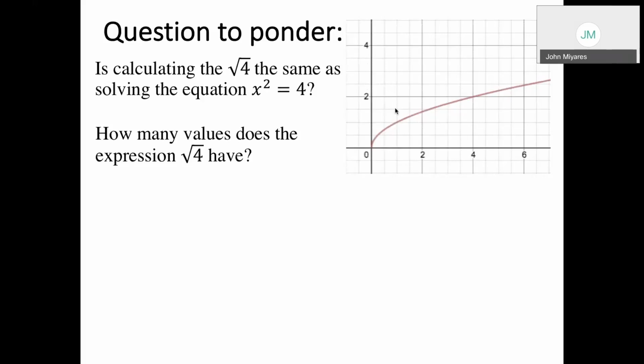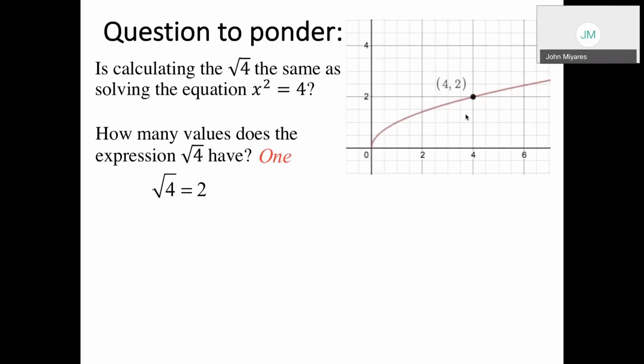For the square root of 4, we're going to just say that it is 2 and ignore the negative square root. So how many values does the expression square root of 4 have? 1. Simply put, when asked what is the square root of 4, it's going to be just 2.